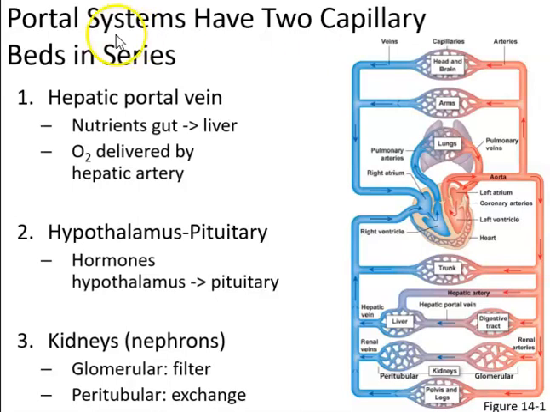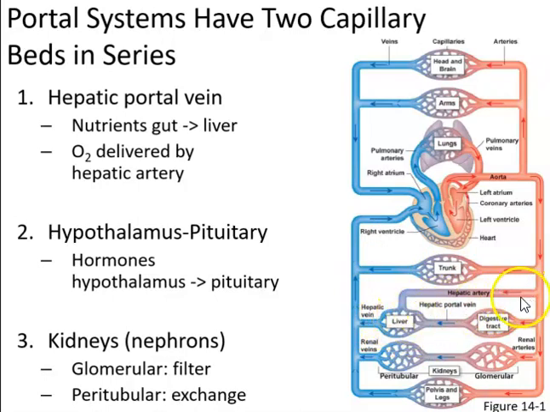So this is one of the main portal systems we have in our body, and we actually can see it here. So we have our capillary beds within the digestive system, which will then drain into either the superior or inferior mesenteric veins, which will then drain into the hepatic portal vein to be filtered by the liver. And then we have another capillary bed occurring within the liver.